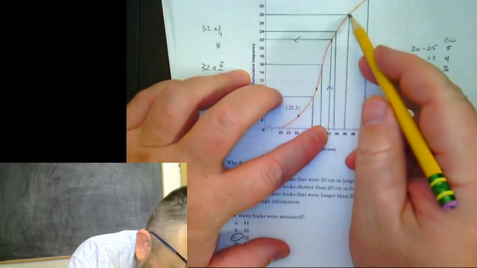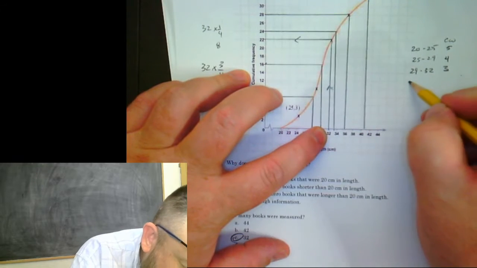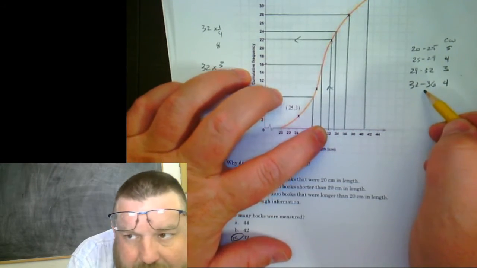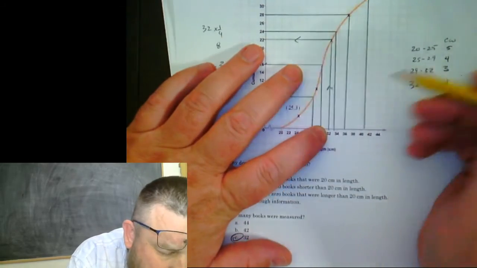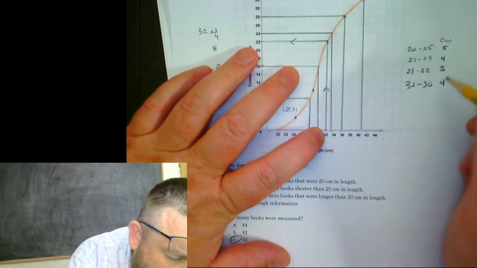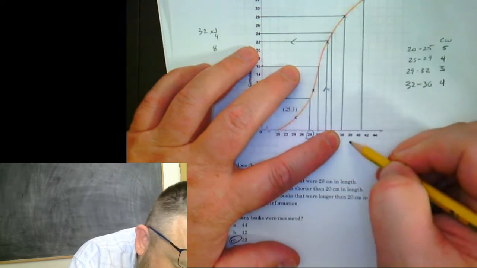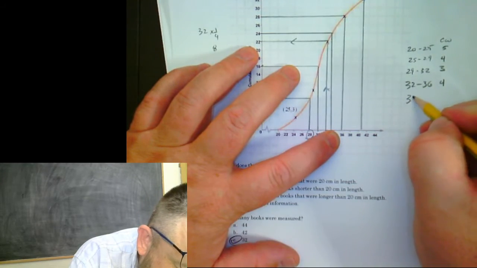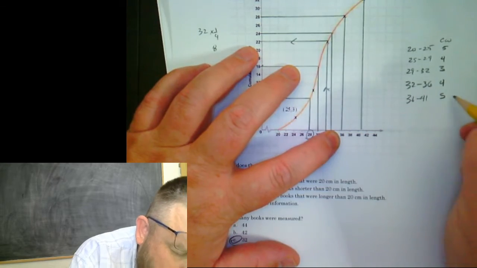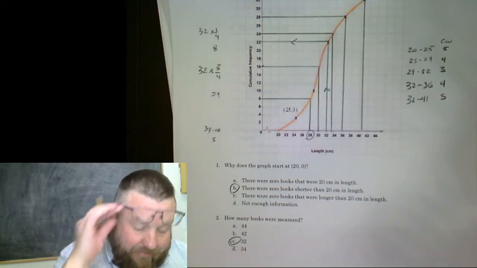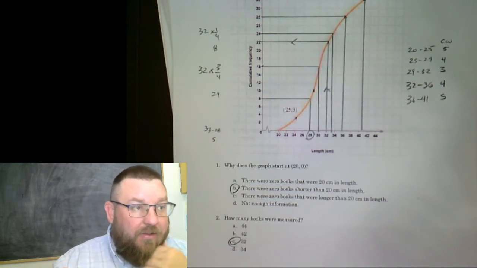And then from 32 to 36, a class width of 4. Now, I don't know the actual inequality rules that would populate this graph, but we just know it's in between, right? Then from 36 to 41 is a class width of 5. Okay, so now the class with the highest frequency density is the modal class.